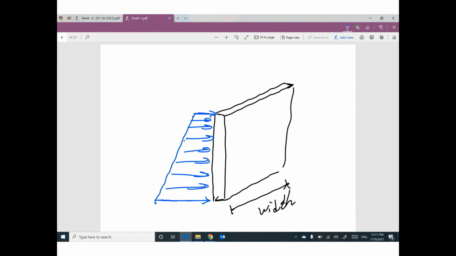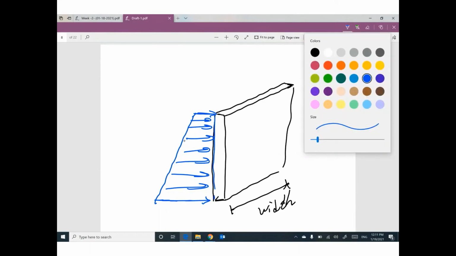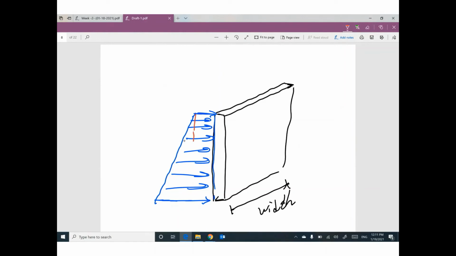This pressure only at this edge, and you converted this pressure to F1 and another F2. This F1 and F2 coming from this pressure and this pressure only on this edge. Do you think the water pressure is only at this edge or does it continue across the width of the wall or the gate?